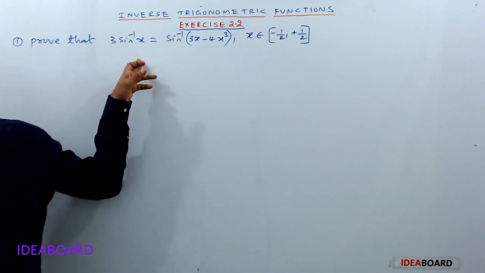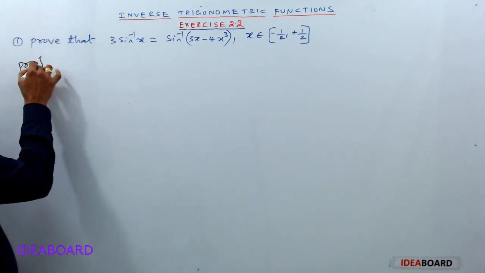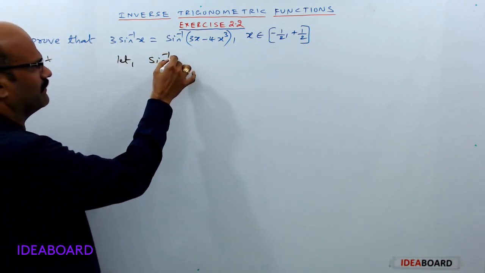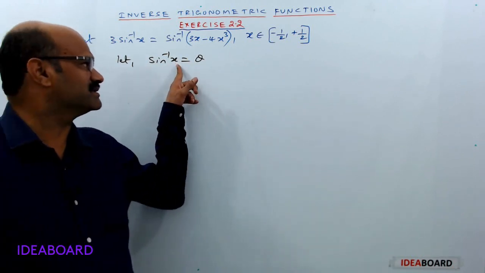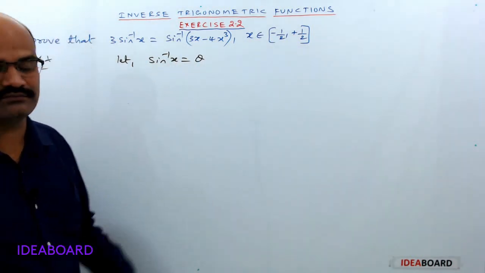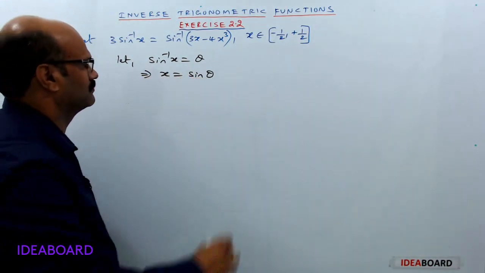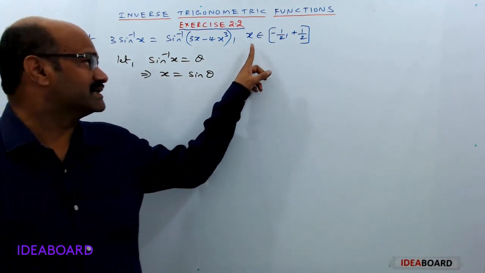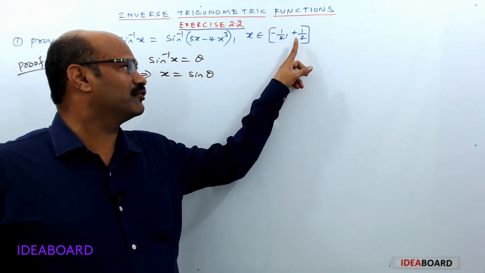To prove this, first we have to take let sin inverse x equal to theta. It implies we have x equal to sin theta here. Now, it's given that x belongs to the closed interval minus 1 by 2 to plus 1 by 2.